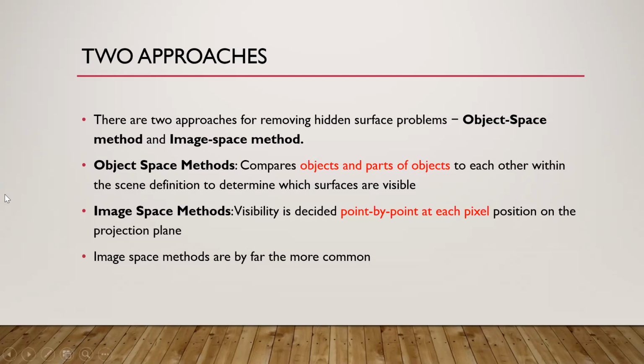So that is what is used in the image space method. These are the two approaches which we are going to study in detail, and each approach has different sets of algorithms which you will be seeing in the next set of slides.